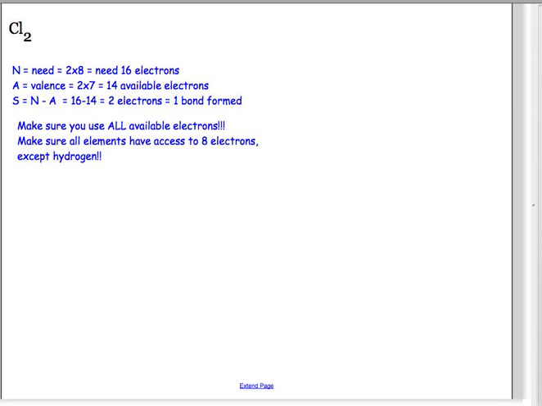So when you go to draw it, all that 2 chlorines can do really is stick together. So we're going to draw 1 chlorine, draw our bond, draw our other chlorine. Now what we just did is that sharing. So this line right here is indicating that we're sharing 2 electrons. Now we need to make sure they have access to 8 total.